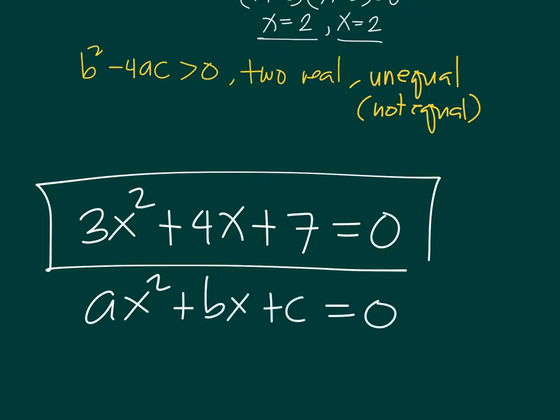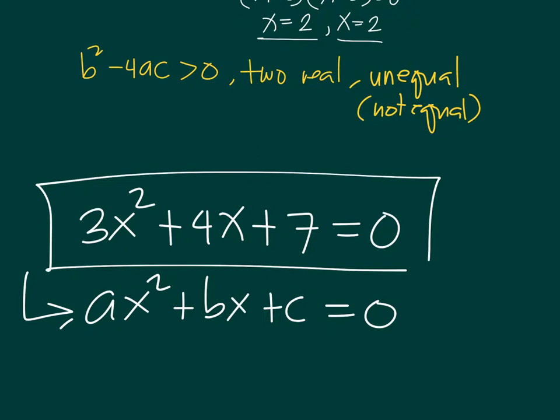It's actually easy to find the b squared minus 4ac value. But not all equations will be written in this form. So there are things that you have to do first in order to get this form of the quadratic equation. I'll show you one example.